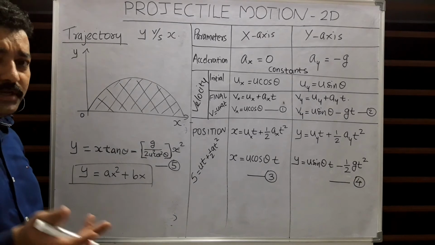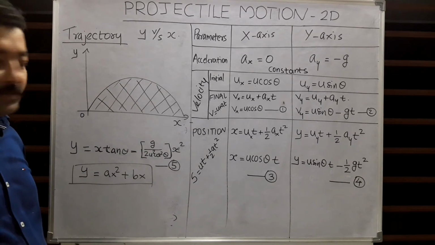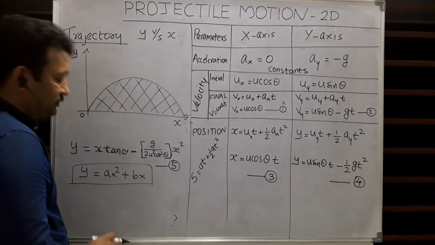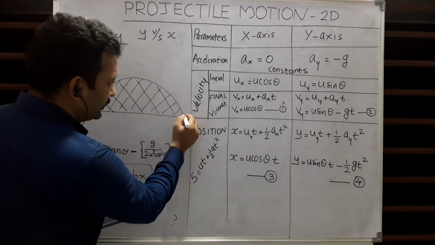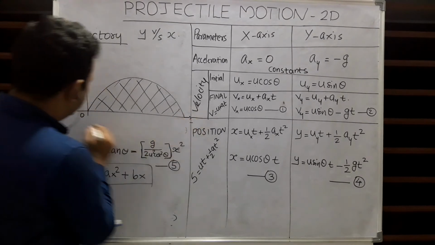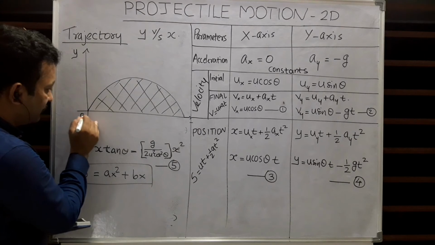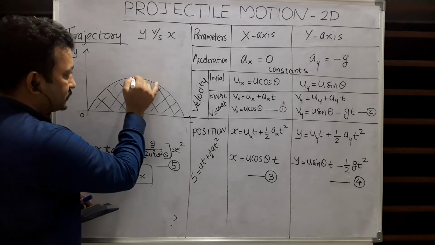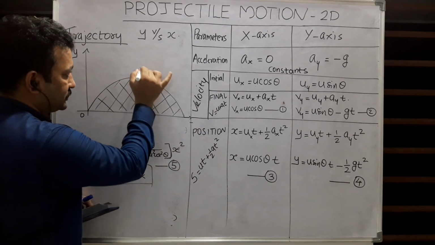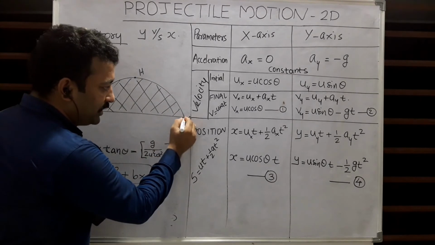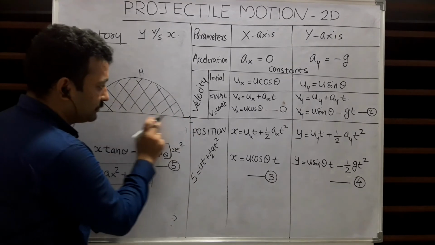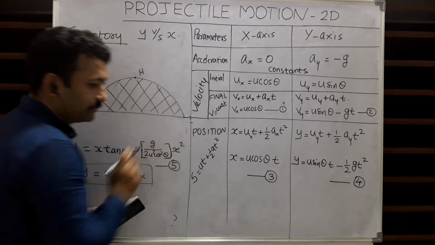Now, it is very easy to analyze a parabola. Why? For a parabola, we can choose important points. This is the starting point, which is the point of projection, this is the highest point, and this is the final point, the maximum x distance covered.